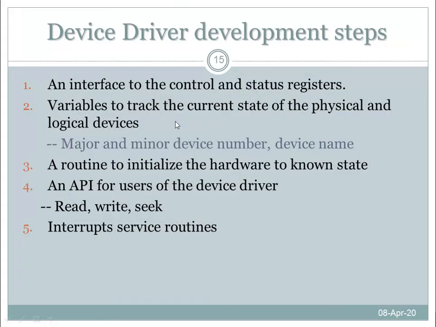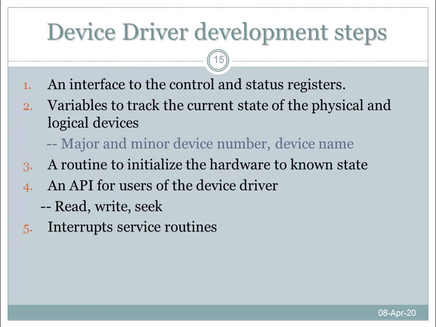So, device driver development steps. How can you develop the device drivers? First is an interface to the control and status registers. You have to learn about each peripheral's status registers, and variables to track the current state of the physical and logical devices, that is, major and minor device numbers and device name. Then a routine to initialize the hardware to a known state.